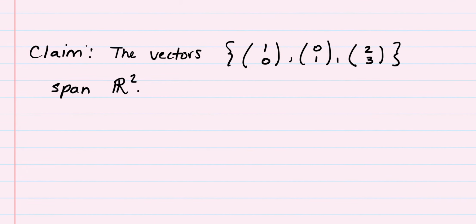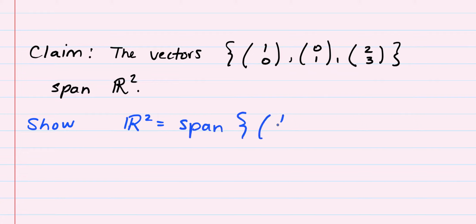Here's a claim. These three vectors span R2. Let's see if it's true. So what I'm trying to show is that R2 is equal to the span of (1, 0), (0, 1), (2, 3).